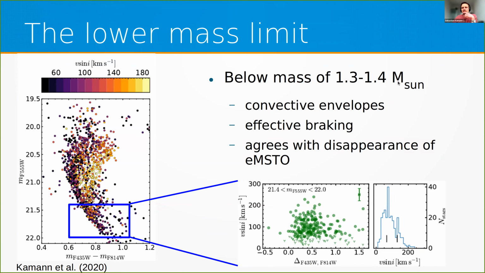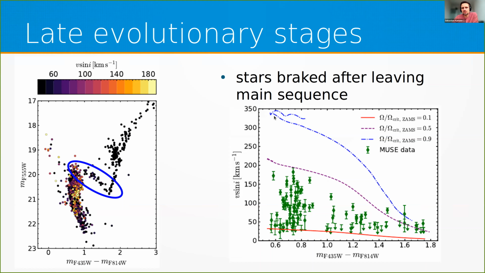You see how, as we evolve along the subgiant branch, the stars get braked more and more. And then you can also compare this again to model calculations. What you already see here is that we don't seem to have many stars that approach critical rotation velocities, but that everything seems to be of the order of 50% of the critical velocity or below, even when we leave the main sequence.